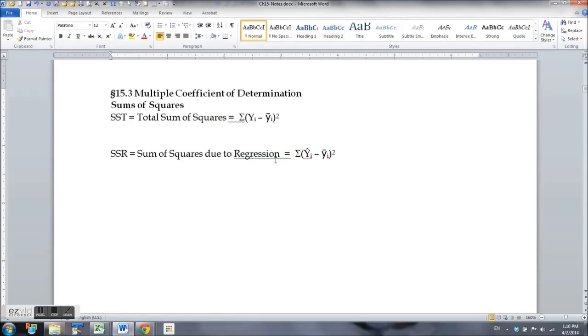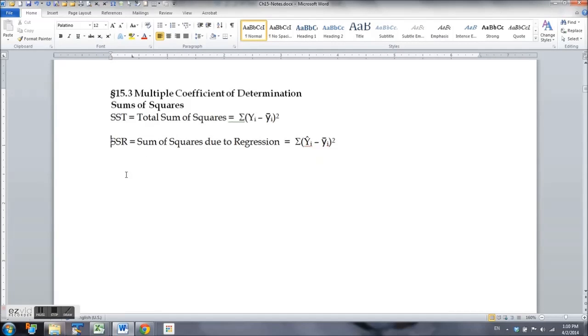Once you bring in regression, the error is y minus y hat. So y hat minus y bar is the amount of original error that is no longer present. This is called sum of squares due to regression, SSR, and that then brings us to sum of squares of error, SSE, which is y sub i minus y hat.